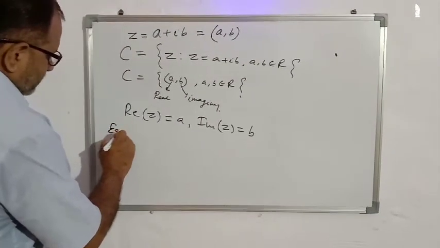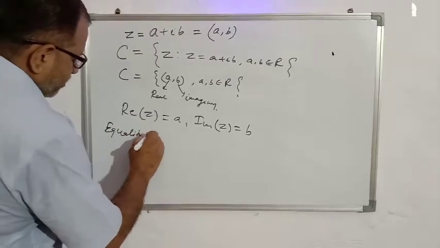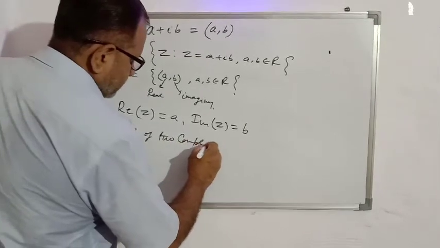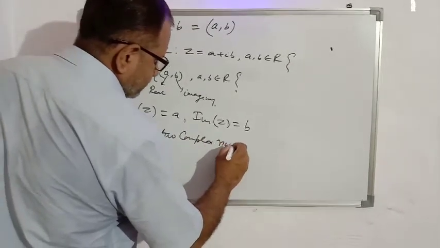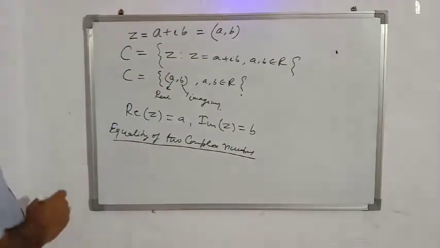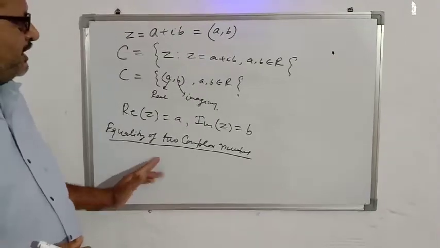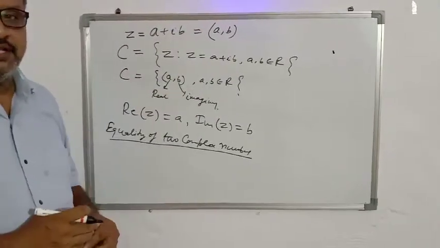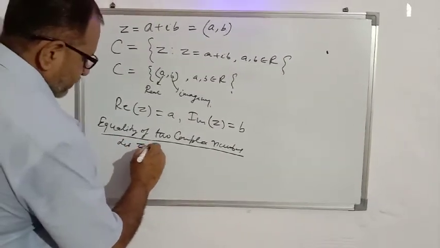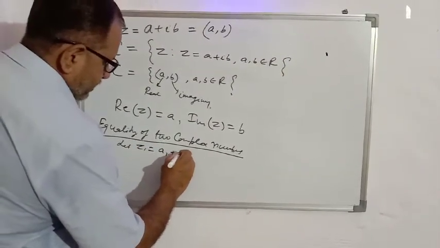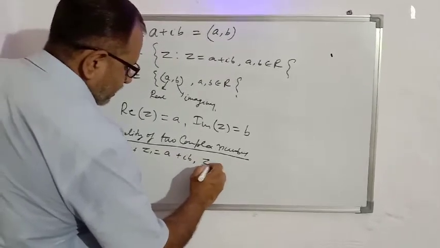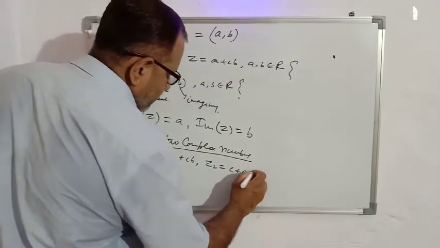Equality of two complex numbers. Two complex numbers will be equal if their corresponding real parts and imaginary parts are equal. Let z1 is equal to a plus ib, z2 is equal to c plus id.